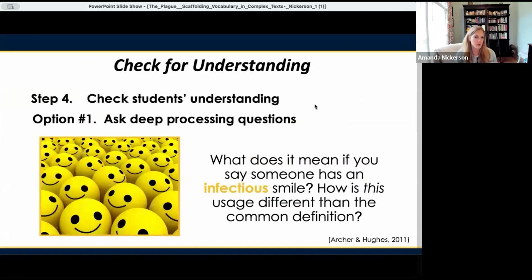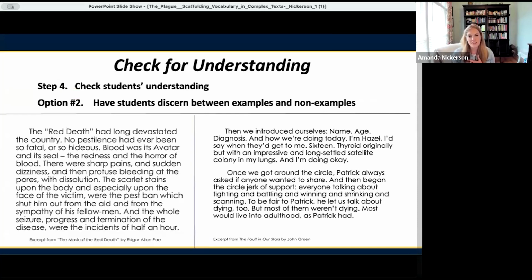I can choose to add another layer here by asking deep processing questions. So I might say, what does it mean if you say someone has an infectious smile? How's this usage different from the common definition of infectious, right? I might have students discern between examples and non-examples.